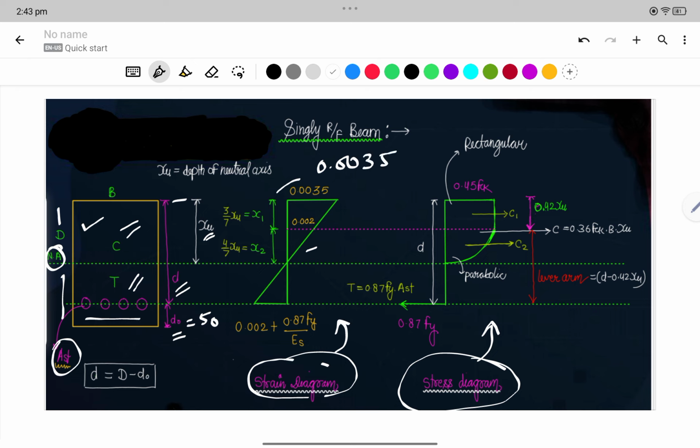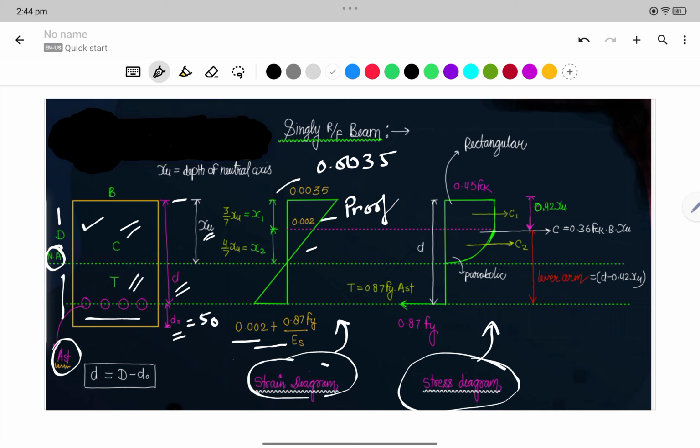Corresponding to that, the strain in the tension zone in the steel will be 0.002 plus 0.87 fy divided by Es. The formula is given here, and where is the 0.002 coming from? This is known as the proof stress.